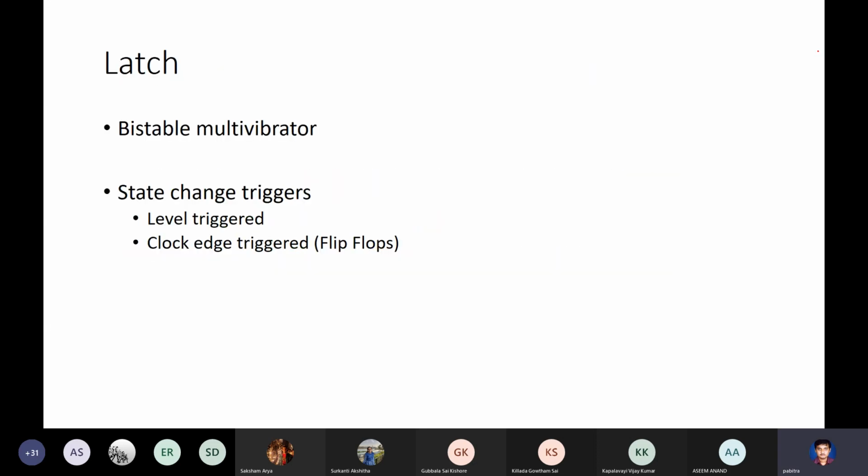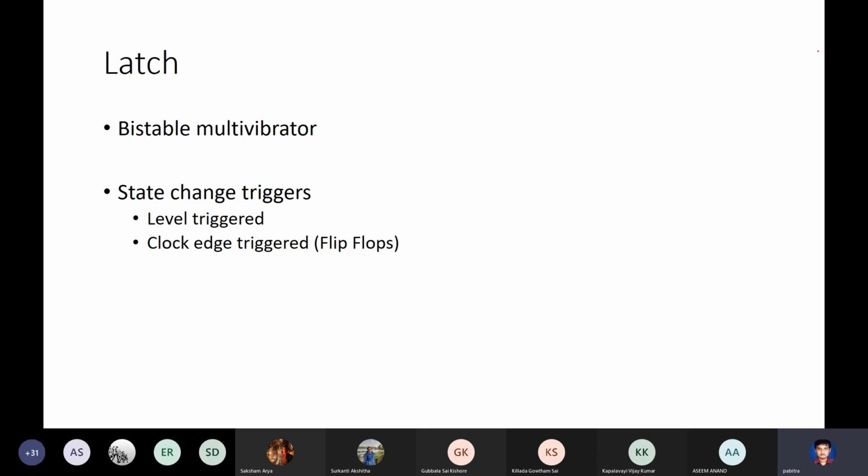Okay, so what we have studied is one of the simplest latches, which is the SR latch, where the S and R inputs change it. We'll see at least 3 more such latches and the corresponding flip-flops.